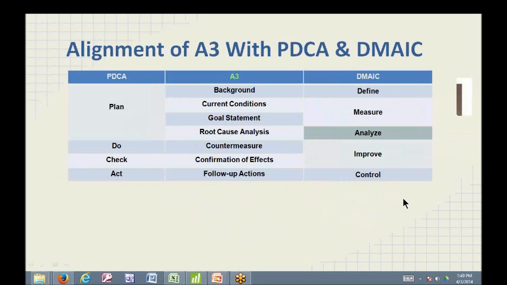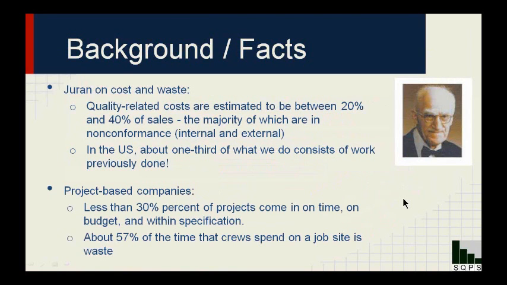So moving on here. Some background information about why we're using this and what is the motivation for coming up with a continuous improvement program. Juran, a quality expert, has already mentioned in his long career that 20 to 40% of sales are related to quality-related costs, the majority of which is non-conformance.